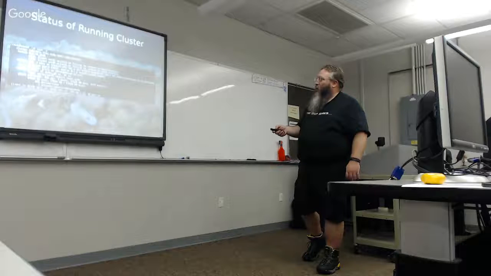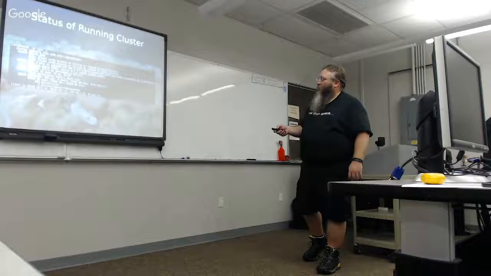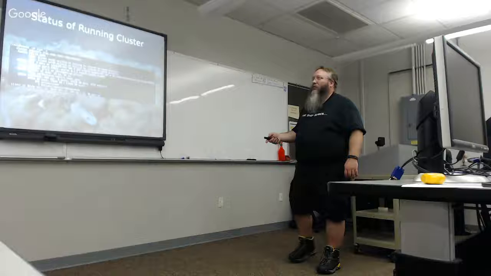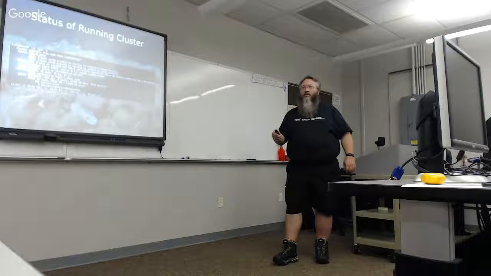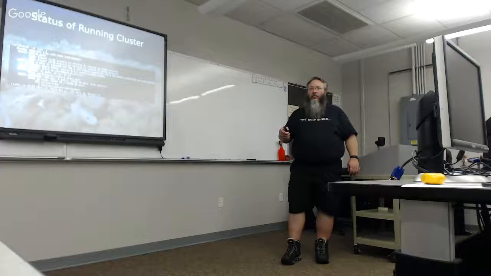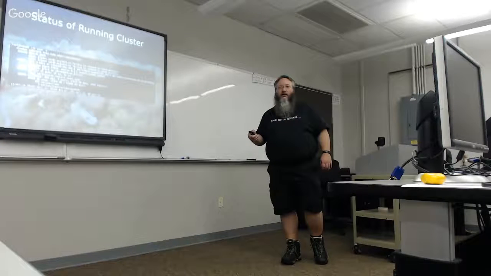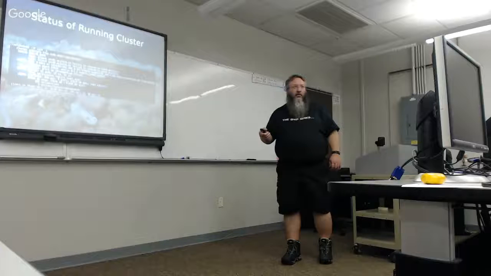OSD map shows 15 OSDs. It shows all 15 are up and in. OSDs can be up or down, in or out. Up or down is basically whether the process is responding, and in and out is whether the OSD is ready to process requests.